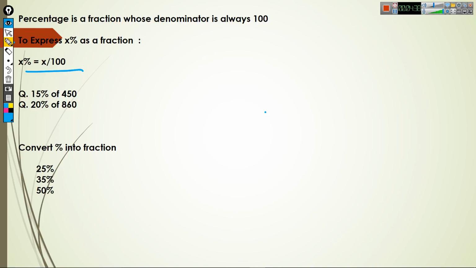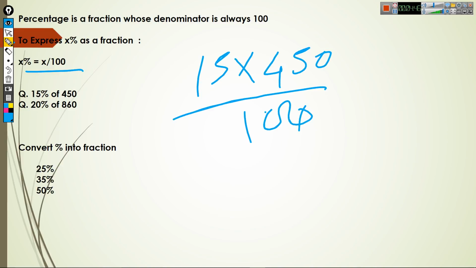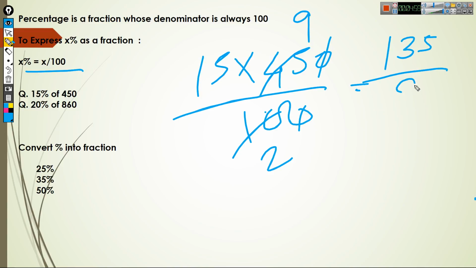Now we will see a simple question just to clear your concept. 15% of 450. Again I say, of means multiplication, so 15 into 450, divide by 100. Cancel the zeros, 5 twos are 10, 5 nines are 45, so it will be 15 nines are 135, divided by 2. This is the answer.